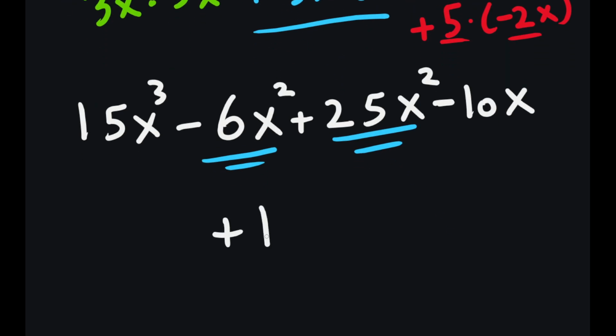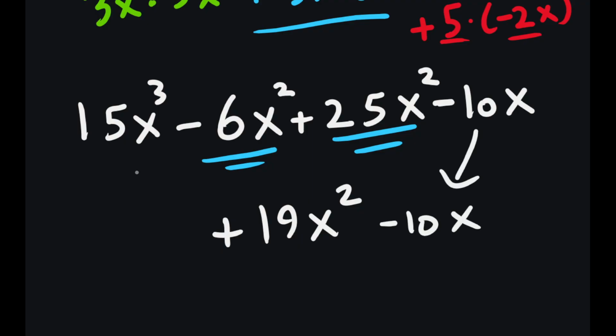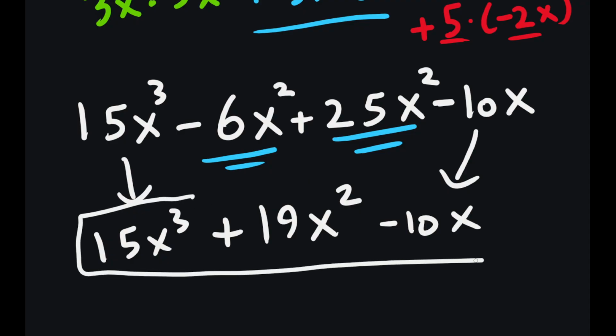So positive 19 and then x squared. Now let's bring everything else down. So minus 10x, 15x to the third. Excellent. So that is our final answer for multiplying two binomials using FOIL.